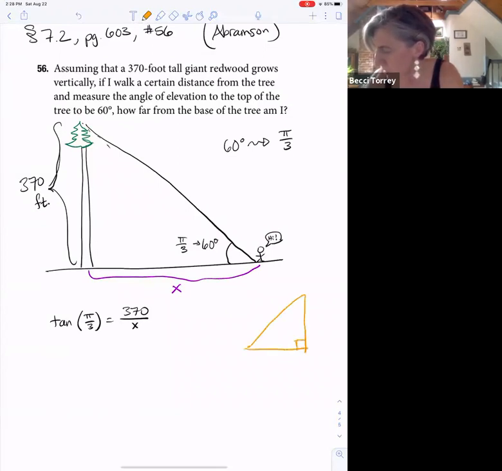So one of our special right triangles involves the angle pi over 3, and I usually draw it over here, pi over 3. The other special angle in that same triangle is pi over 6. And if you have the hypotenuse equal to 1, it turns out that this side is 1/2 and this side is square root of 3 over 2.